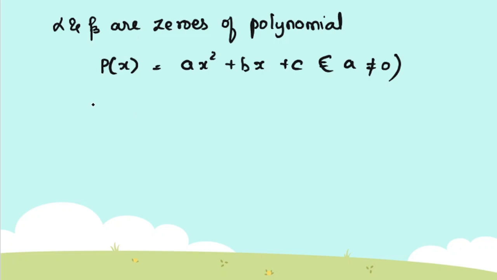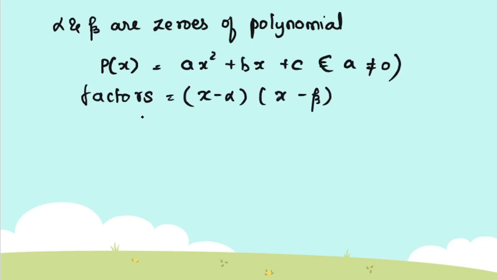Now what I am going to do is show the factors. What are the factors of this? The factors are x minus alpha and x minus beta. Then how can we solve this? ax square plus bx plus c is equal to k into x minus alpha into x minus beta.